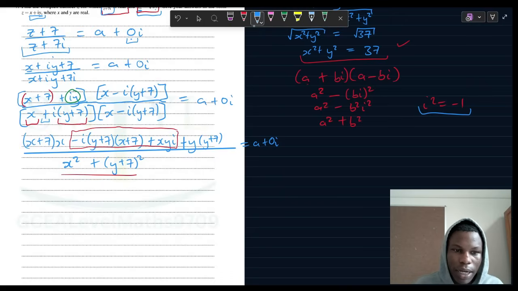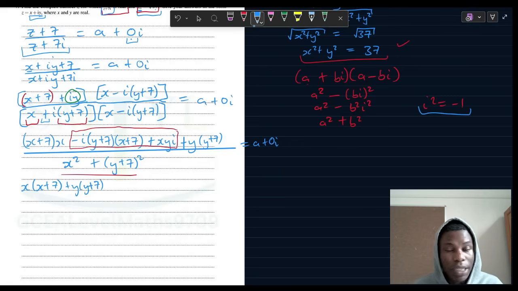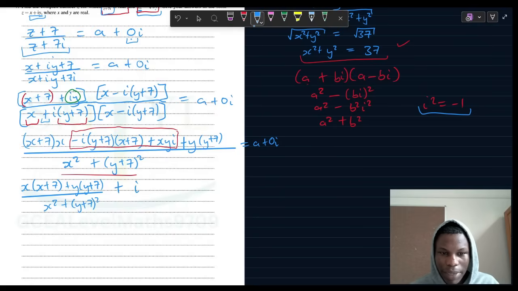So let me just write that out. Our real part is the (x plus 7) times x plus the y times (y plus 7). And if we distribute the denominator, that's going to be divided by the x squared plus (y plus 7) squared, plus, now our imaginary part, that's the stuff I have put in this red rectangle.